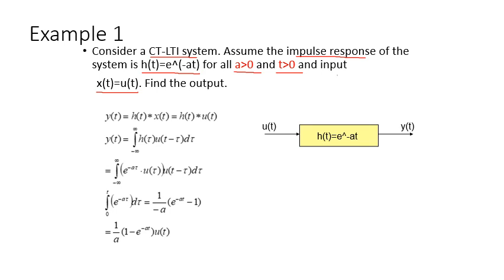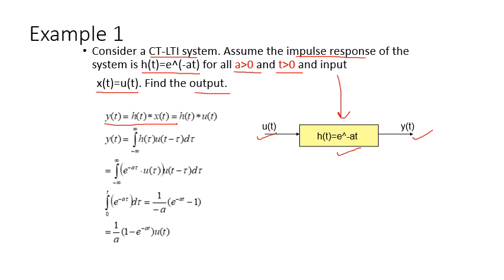We can represent the system diagrammatically like this. u(t) is our input, y(t) is the output, and h(t) is the impulse response, that is e raised to the power minus a t. Now we are interested in finding the output, that is y(t). How do we proceed? We write the basic equation. y(t) is given by the convolution of h(t) and x(t).